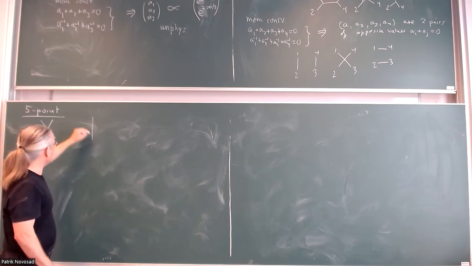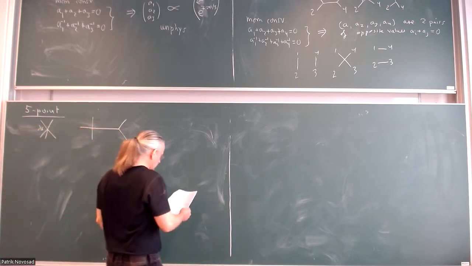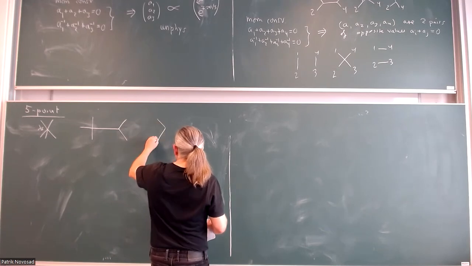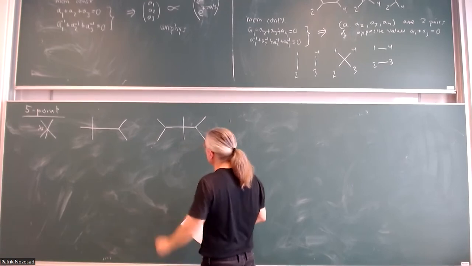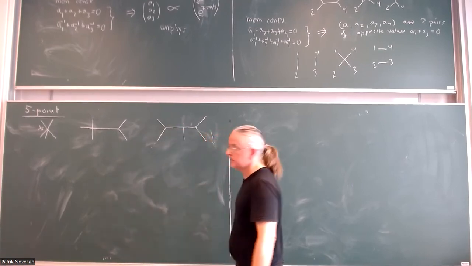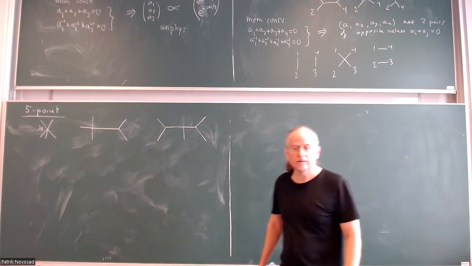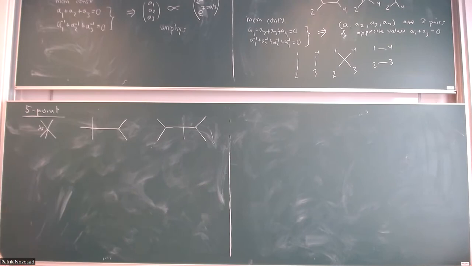So I guess there will be one something like this. And then I guess there will be something like this. Oh, I guess that's too much. Is this better? I think this is it, right?